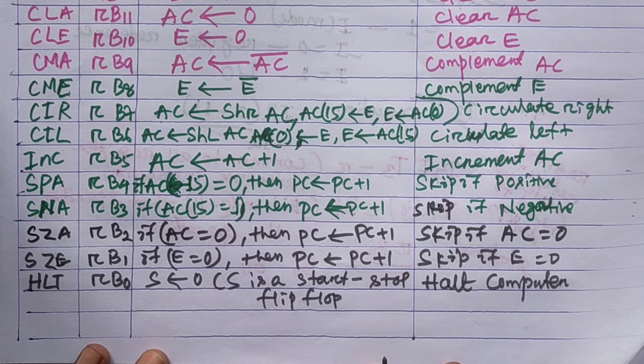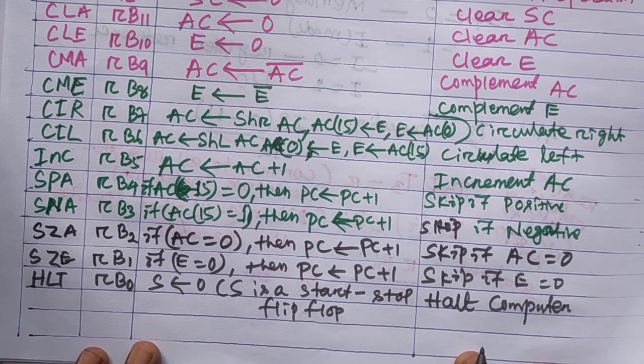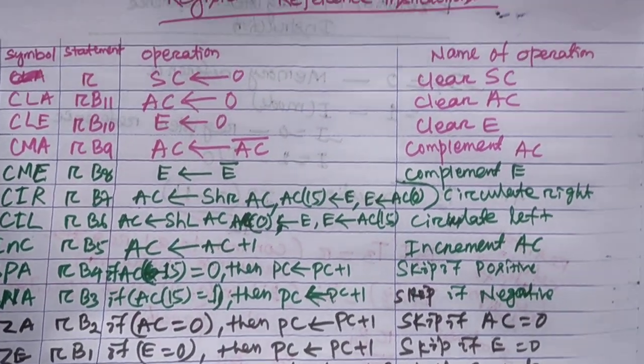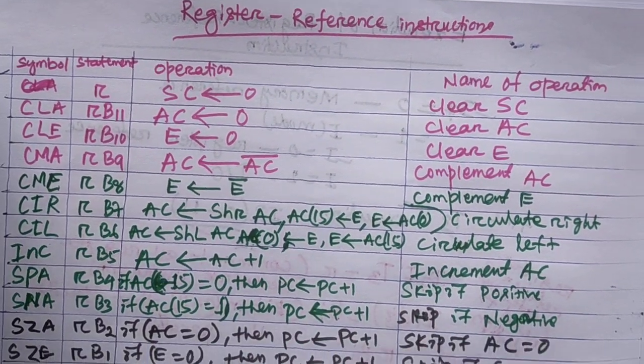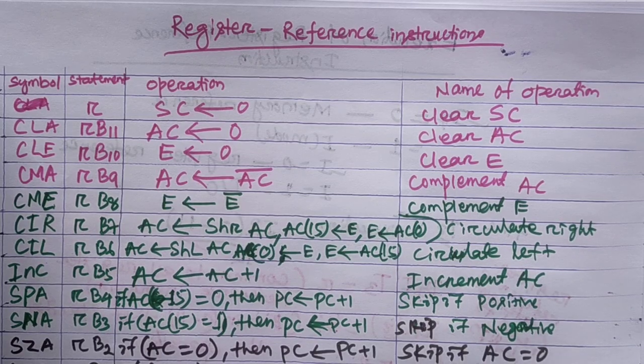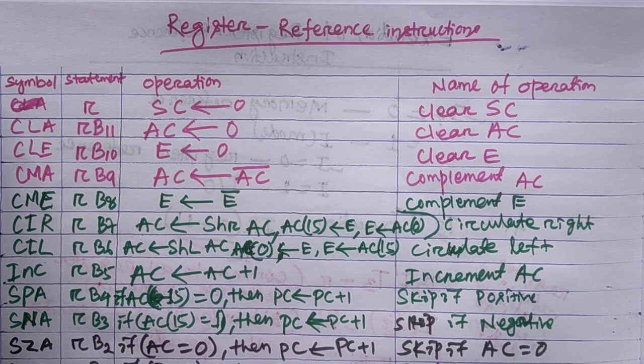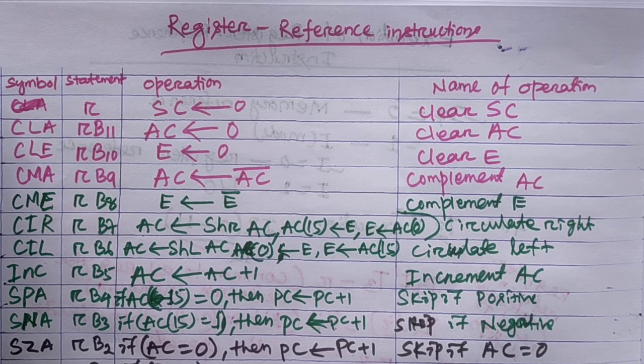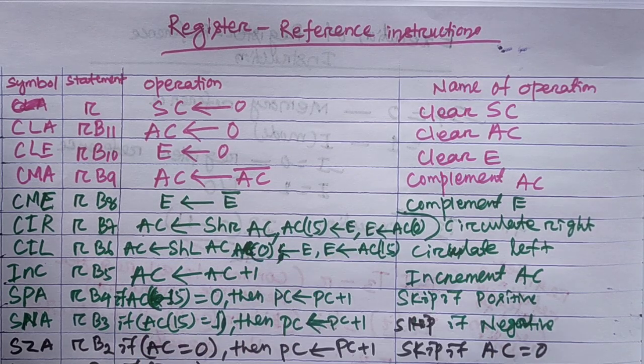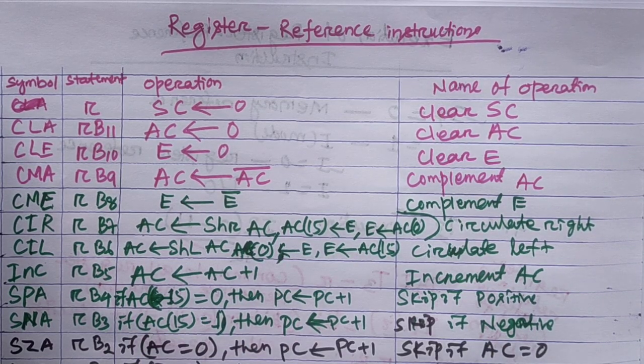So with different registers, how the different register statements activate and execute, and how to define that statement, there is a certain format, which I also explain and apply. We need to remember these different operations, but they are designed this way. So this is how we define register reference instructions.